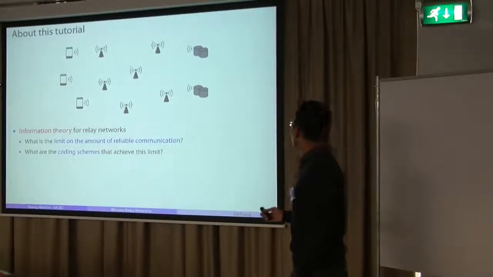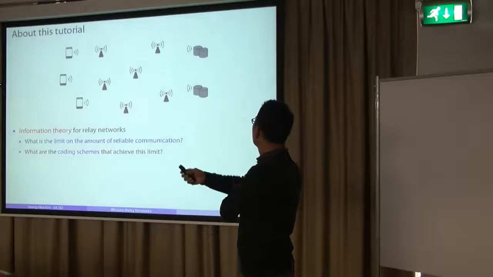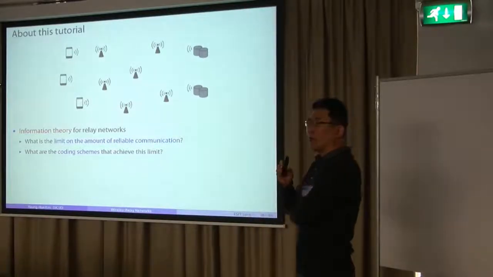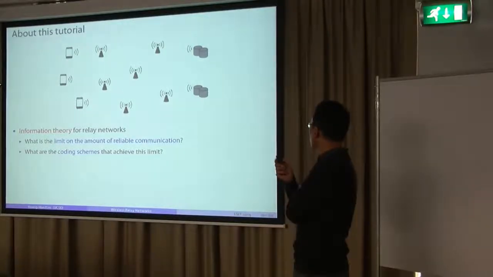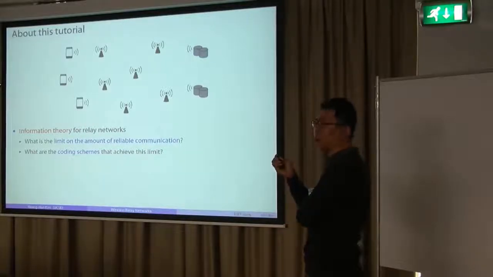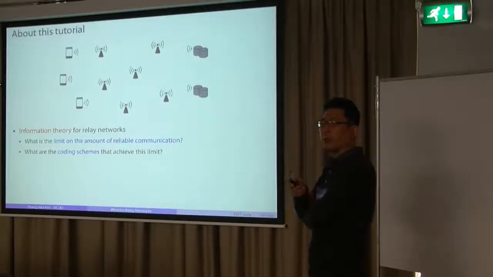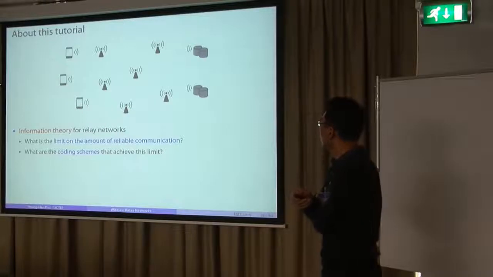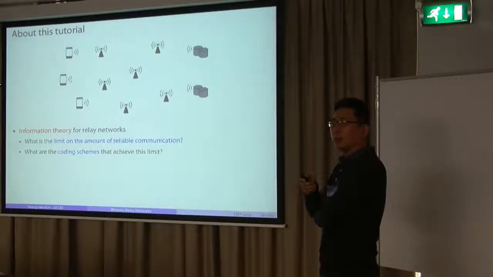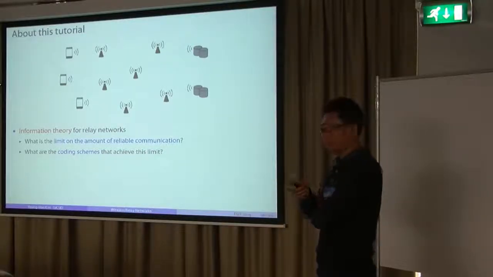So what I'm going to do for today's tutorial is, for this type of relay network, ask what we can say from an information theoretic point of view. For example, what is the limit of the amount of reliable communication we can achieve for this type of relay network? And what are the coding schemes that achieve that limit? These are network information flow questions we can study for relay networks.